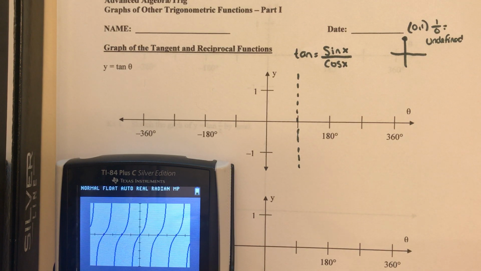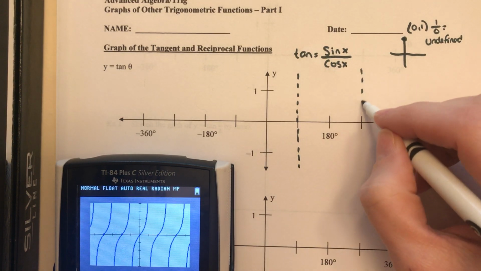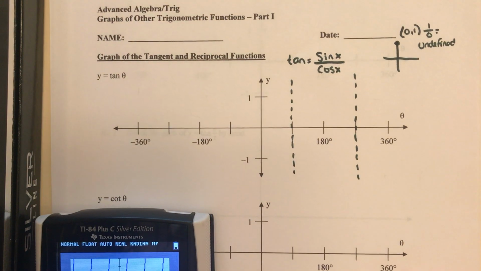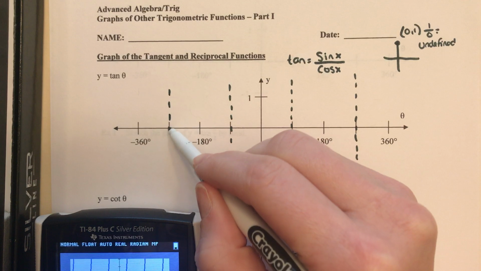So on a tangent graph, undefined means the graph doesn't exist there. So we're going to actually have some vertical asymptotes. So the asymptotes for tangent would be at 90. There'd be another one at 270. That would also give you undefined. And then on the negative axis, negative 90 and negative 270.